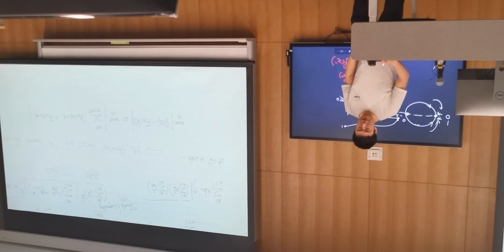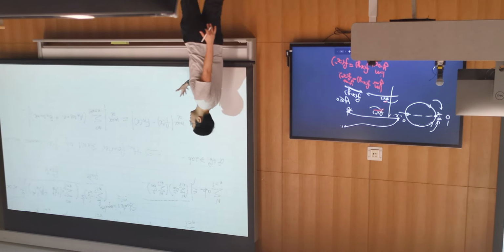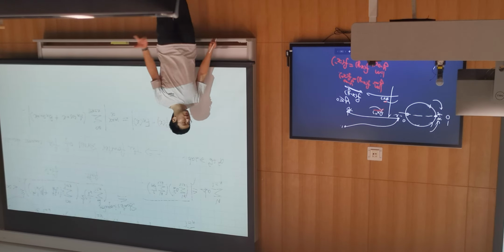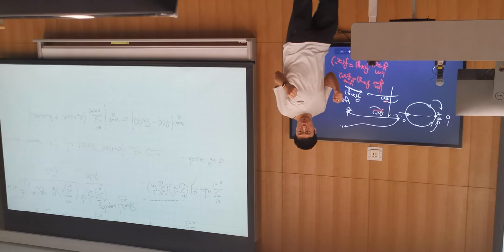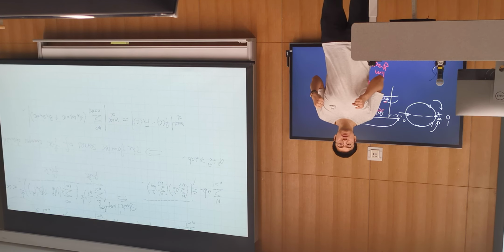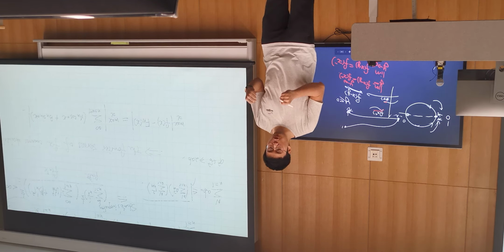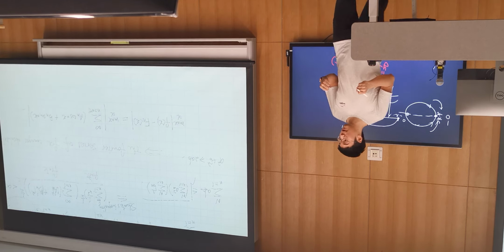And then the next thing is that this is the absolute value of a lot of sum. The absolute value of a sum should be smaller than or equal to the sum of every single absolute value.